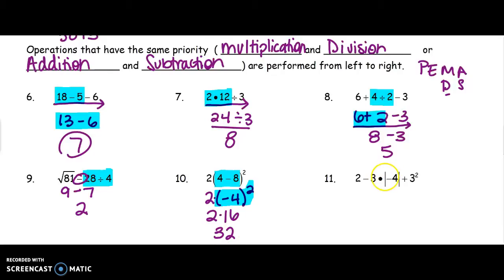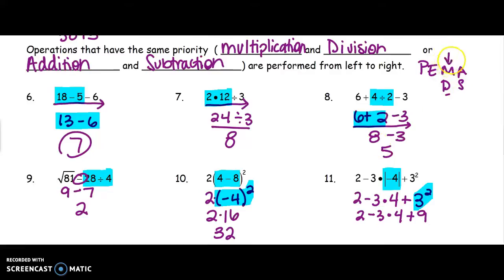I've said that our absolute value bars are like a grouping symbol, so treat them almost as parentheses, okay? So you're going to have this 2 minus 3 times, do your absolute value, so the distance from 0 to negative 4 is 4, plus 3 squared. Okay, again, you look for exponents, so we have 3 squared, and we'll do 2 minus 3 times 4 plus 9.